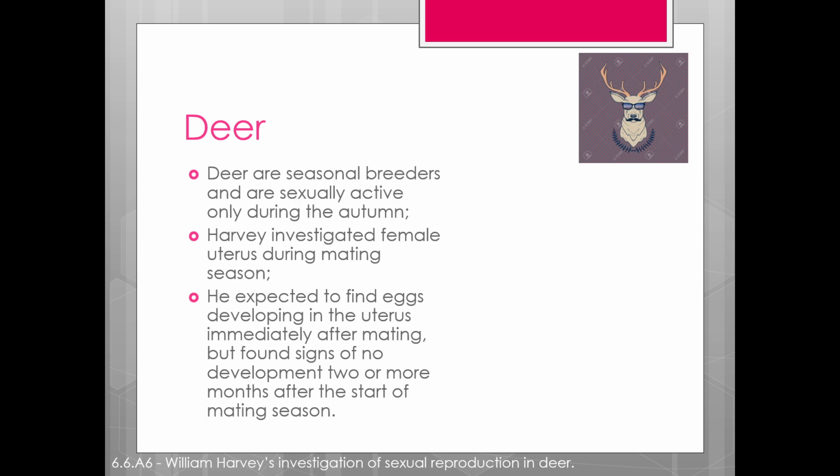These deer generally breed only in autumn. So Harvey went to game fields during mating season, and after he spotted the mating, he waited different periods and shot a female, and then he looked in the uterus for any trace of a developing embryo.